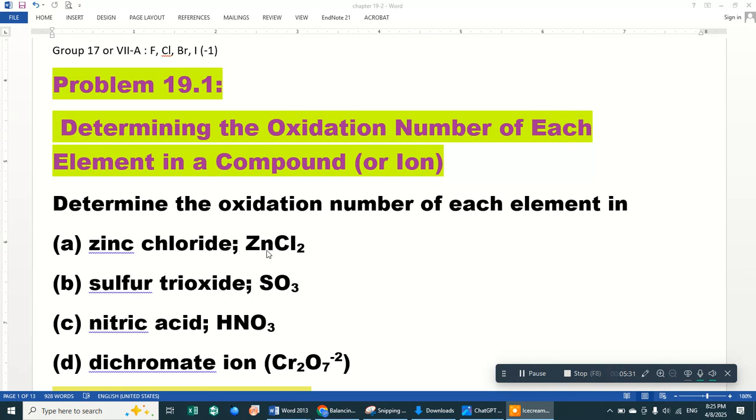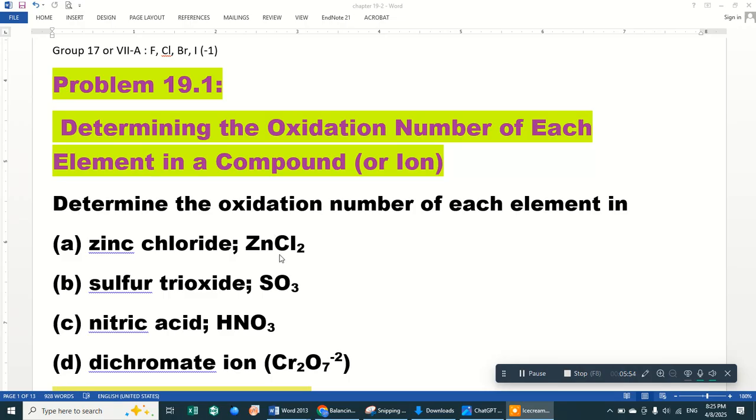What is the oxidation state of zinc? Zinc belongs to the transition metals. We know that transition metals have more than one oxidation state, and we don't know the oxidation state of that element in the compound. They may vary in different compounds.